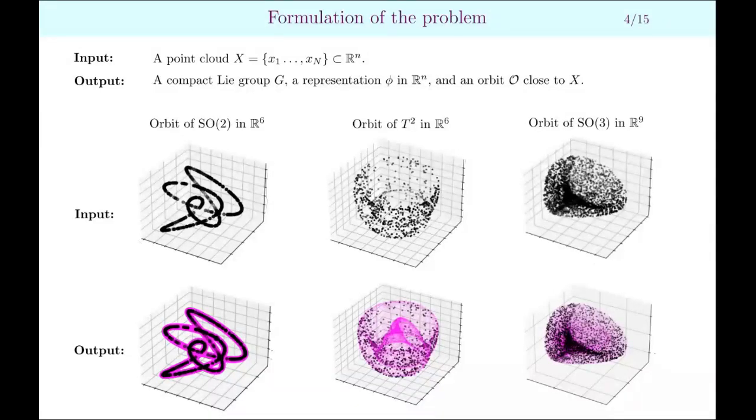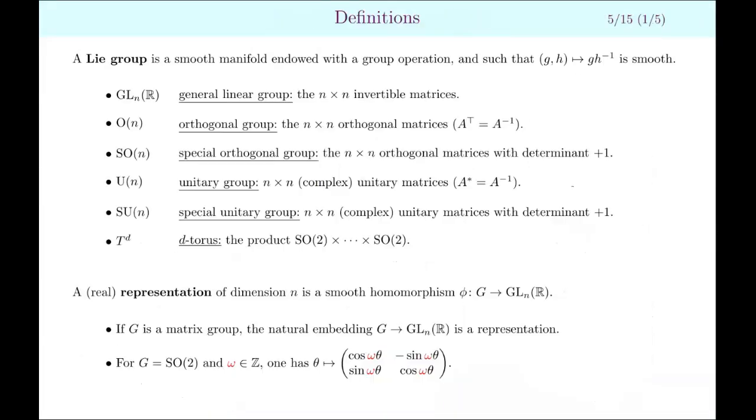So we'll start with basics of Lie theory. Please interrupt me if you have any question. So a Lie group is a manifold that is also a group, and we ask that the structures are compatible by asking that the composition in the group is a smooth operation.